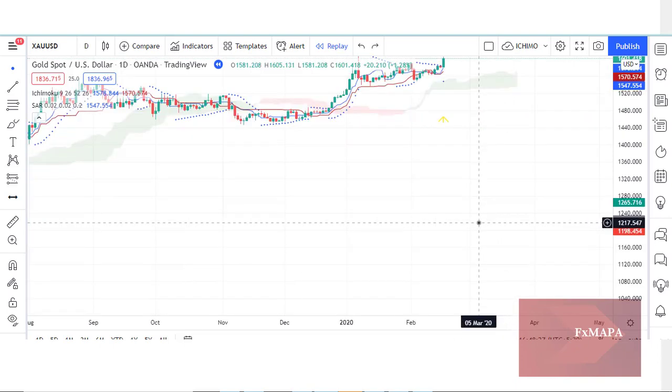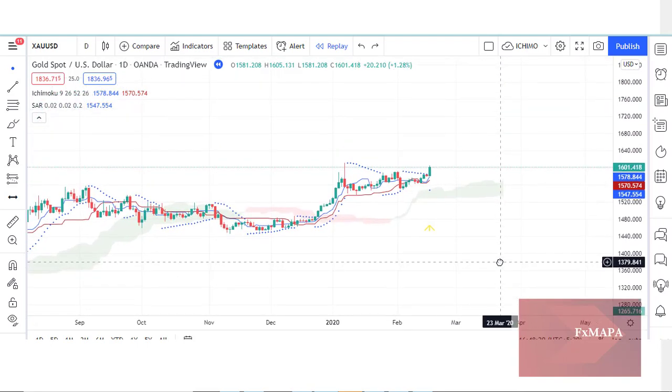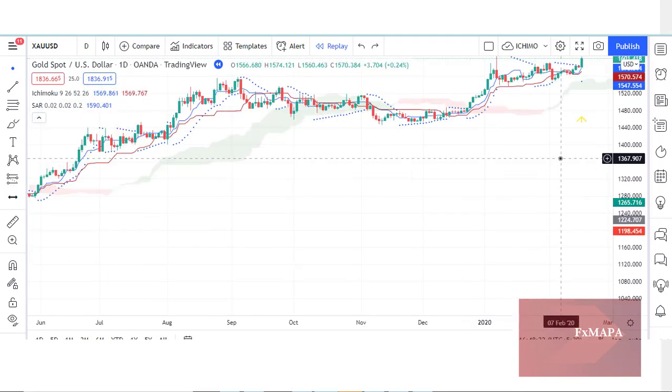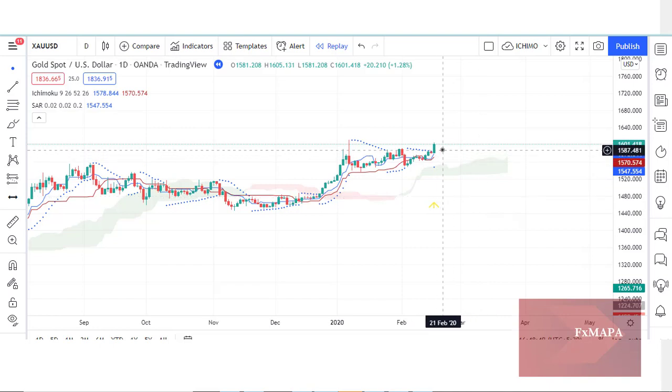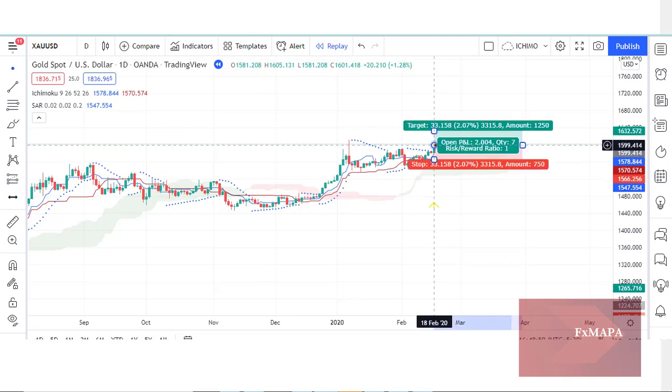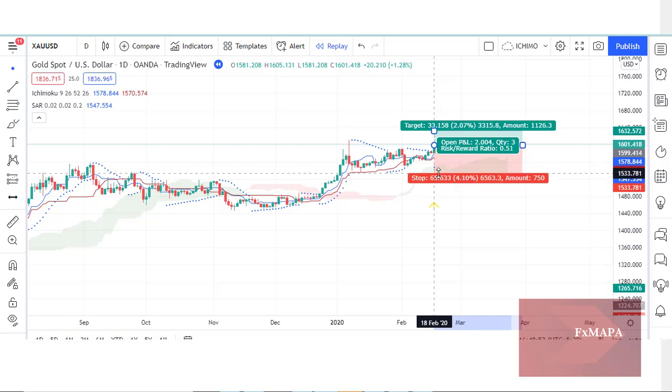As we can see here, the conversion line of the Ichimoku cloud crossed the baseline of the Ichimoku cloud and candles are above the Ichimoku cloud. Also we can see the parabolic indicator also gives a signal, so all our conditions are fulfilled here. Now we will take a buy trade. Let's see what happens to our trade.